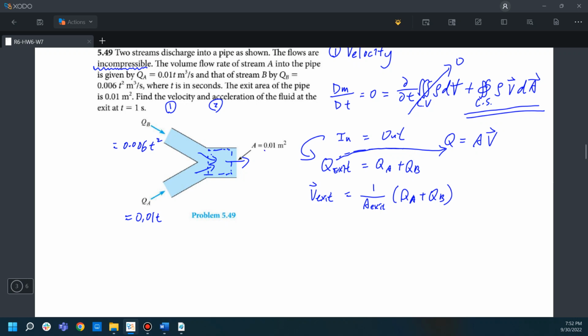And the area is 0.01 square meter for the axis.